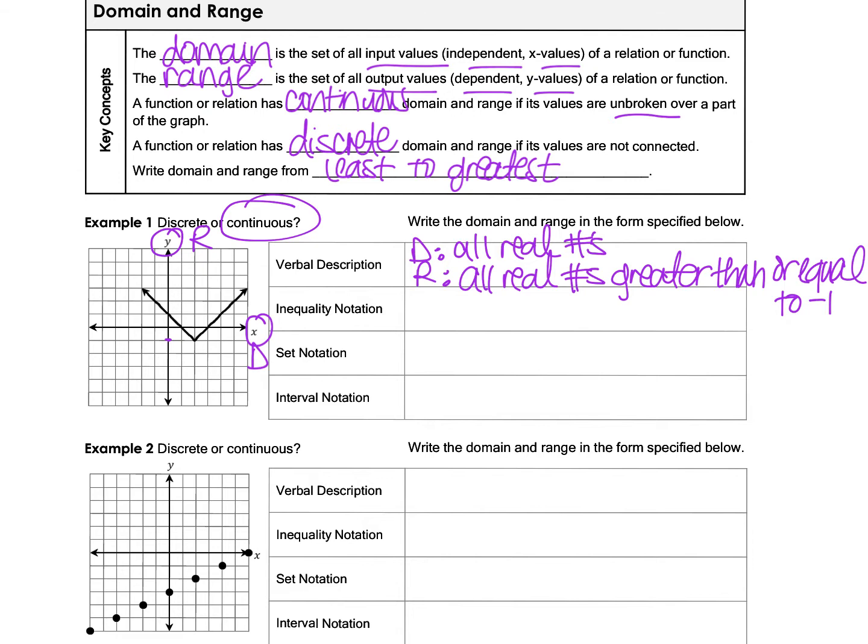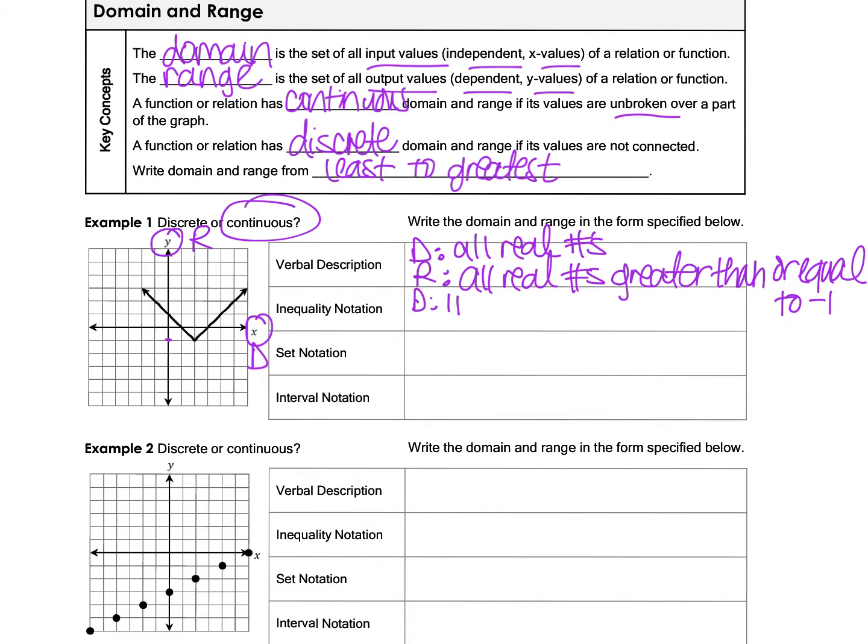There are going to be different ways of writing our domain and range, so that's what we're going over now. We did the verbal description. Now we're going to use inequality notation, which just means a less than or greater than, things like that. I'm going to go ahead and label domain. Remember, our domain is all real numbers, so there's a symbol for that.